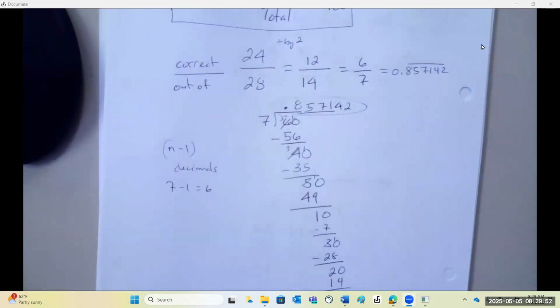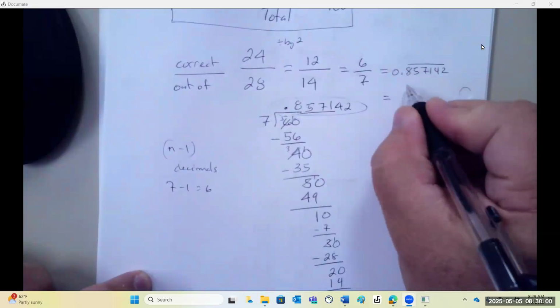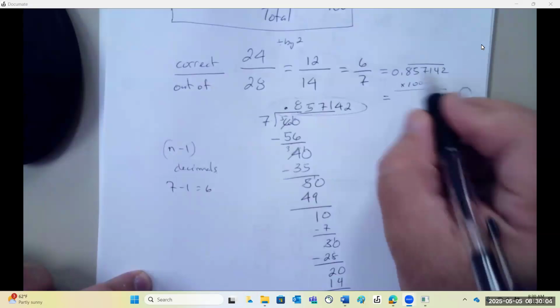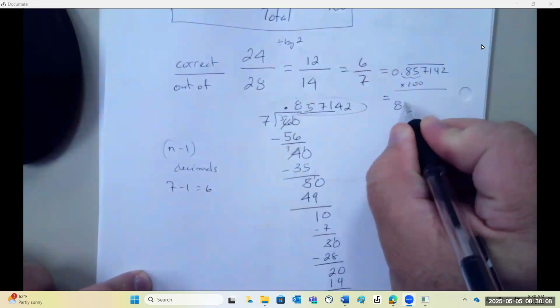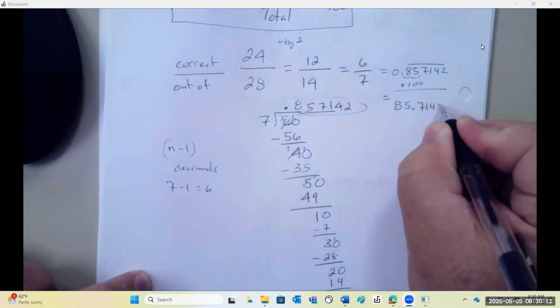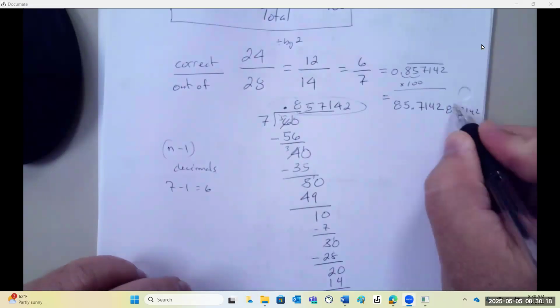Are we done? No, because we're supposed to put it in percent. How do we put it in percent? Multiply by 100. So let's move the decimal, so it's 85.7142, 857142.